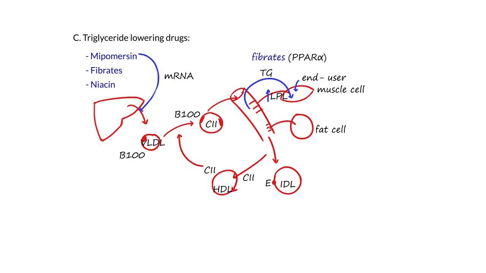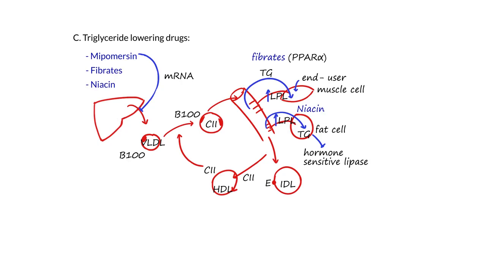The other drug that we have is niacin, and niacin has multiple effects, but a nice way to think about it is that it's going to increase the lipoprotein lipase from the fat cell. So that then is going to increase the amount of triglycerides going into the fat cell, but we can see that gives us a problem because fat now is not an end organ, it's a storage organ. But the other thing that niacin does is it also inhibits the hormone-sensitive lipase.